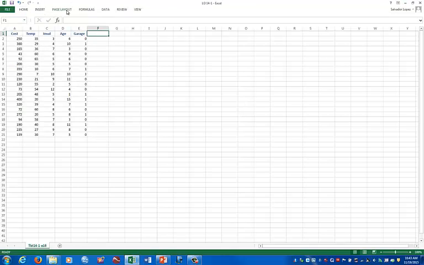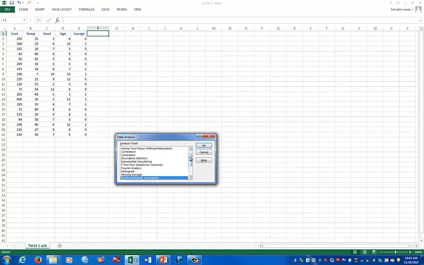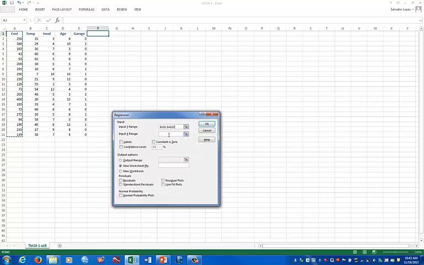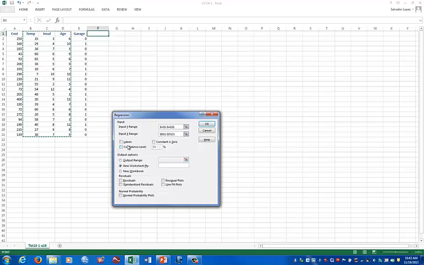First, let me do this quickly. We have done it before. Data analysis, regression, the cost. This was done in the previous section. And then I select the first three independent variables here that were used before. Check labels.